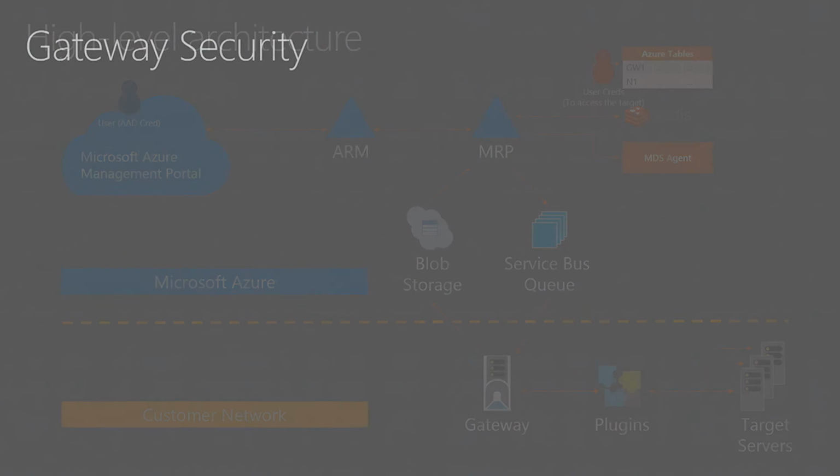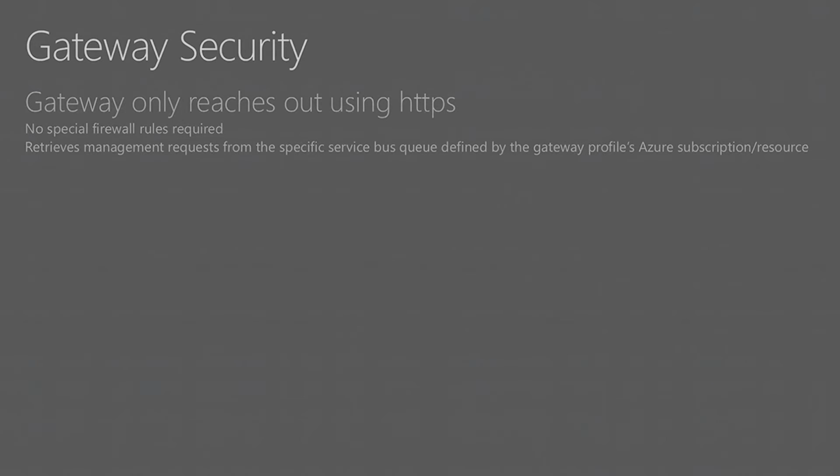So let's talk about the security of the gateway. I want to reiterate, it only reaches out using HTTPS. And so a question from the booth was, well, how does that work? How does it get any data at all? As an outbound request through HTTPS, it actually gets the request from the queue as the body of the response that comes back from that outgoing request.